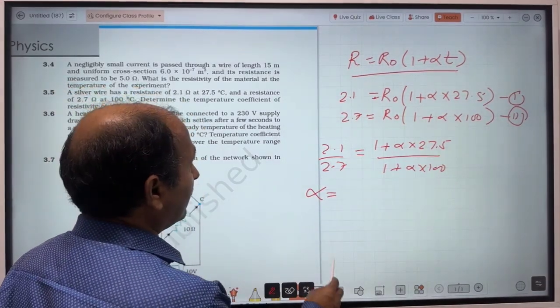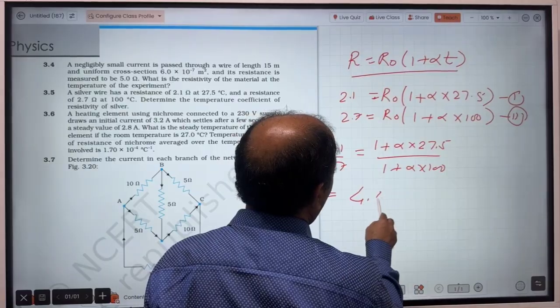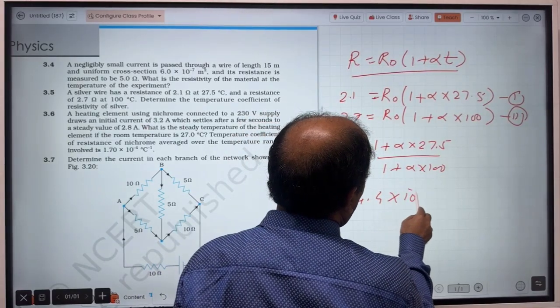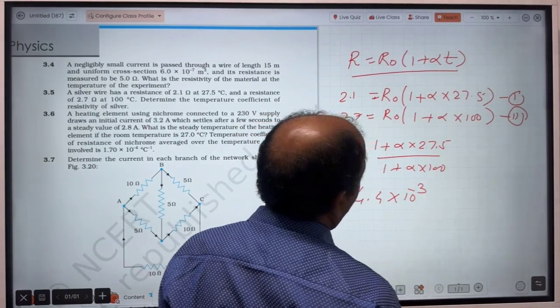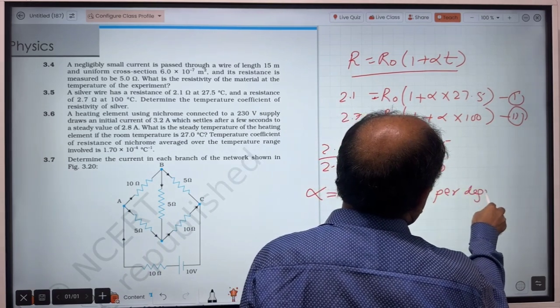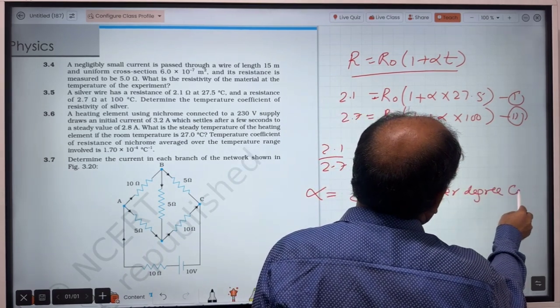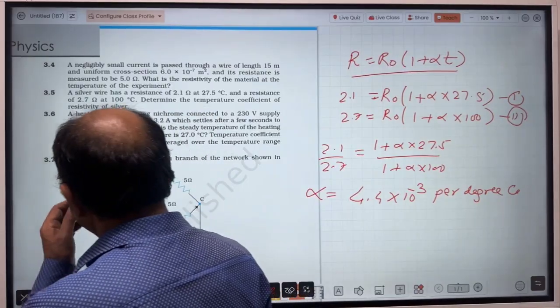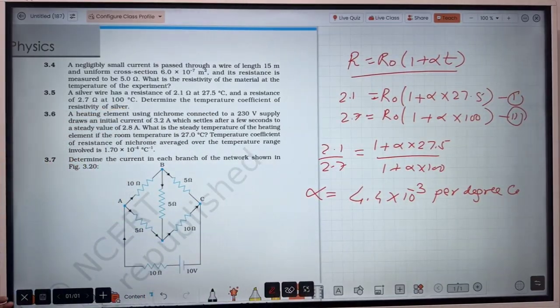So you will get 4.4 into 10 to the power minus 3 per degree centigrade. Correct? I think you have understood.